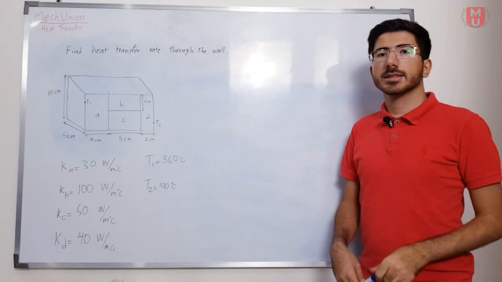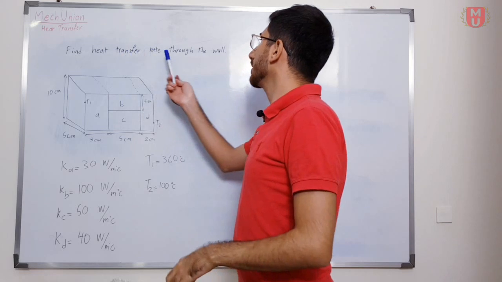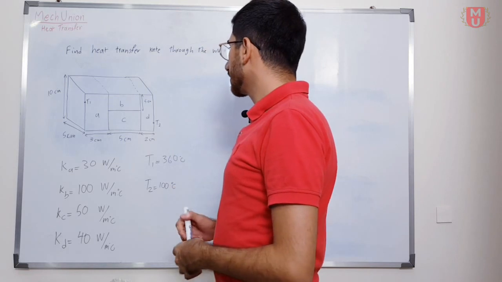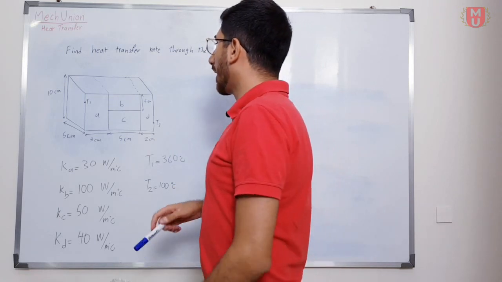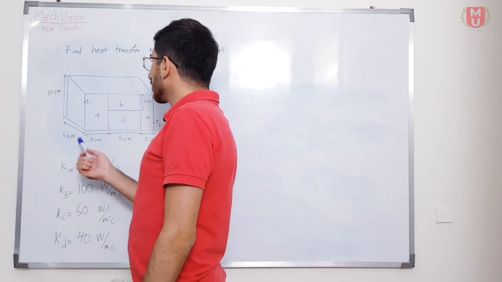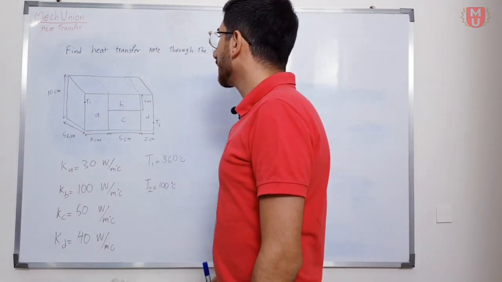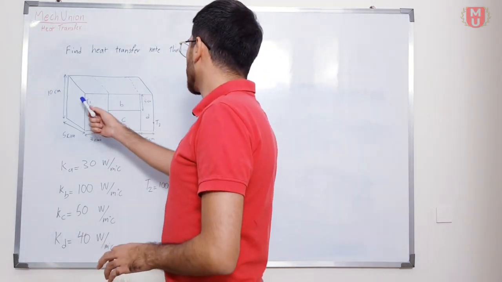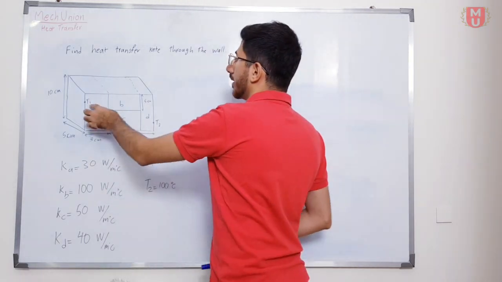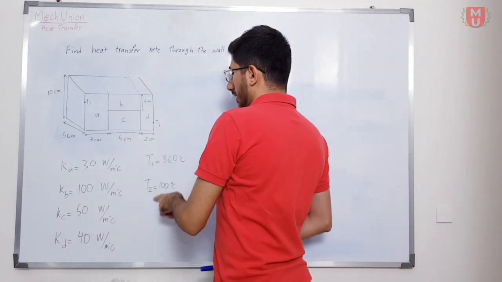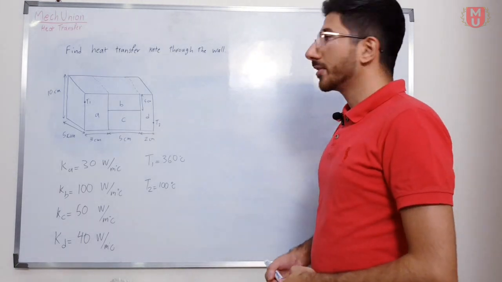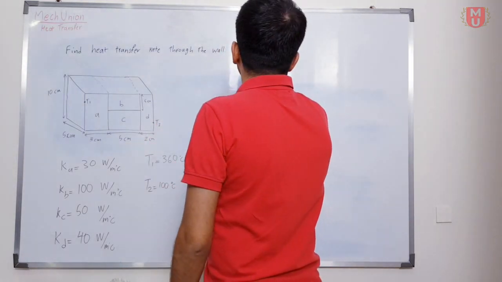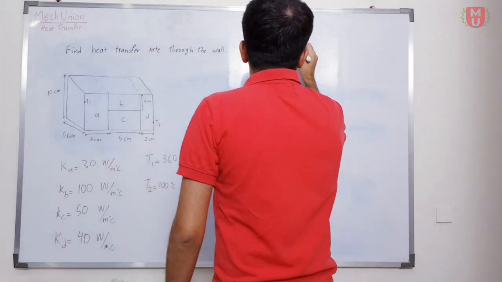Okay, let's solve an example. It is said to find the heat transfer rate through the valve. As we take a look, it is a numerical question, and it is shown to be 3D, but we solve it in one dimension, in the direction of heat transfer from higher temperature to lower. Okay, firstly, I draw a diagram of resistance.